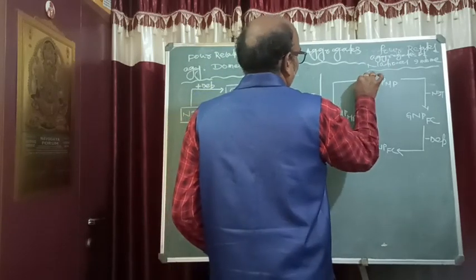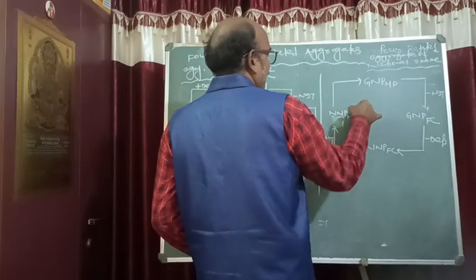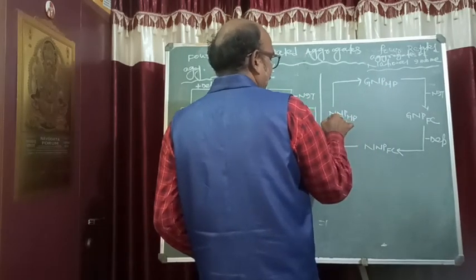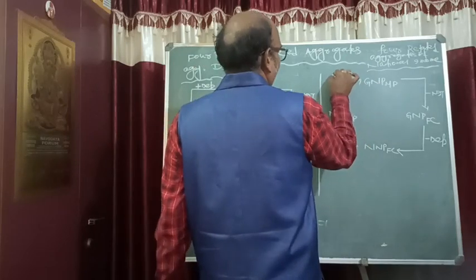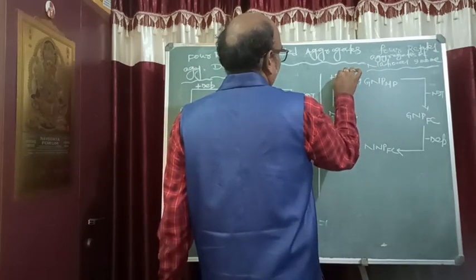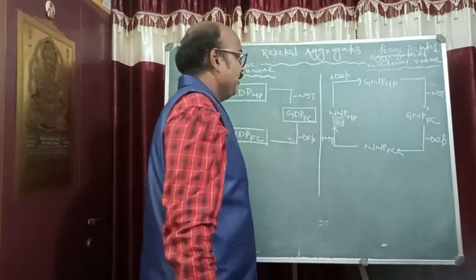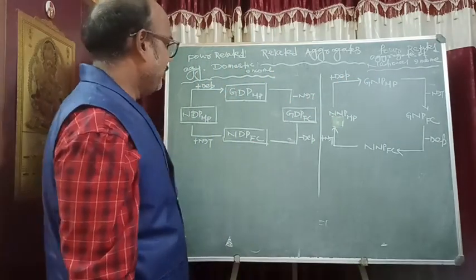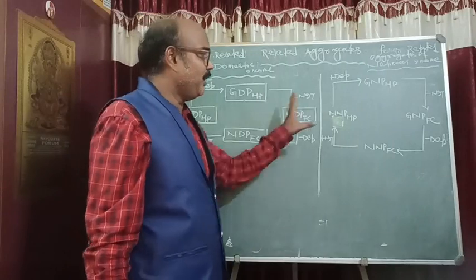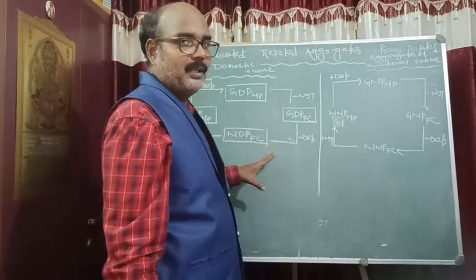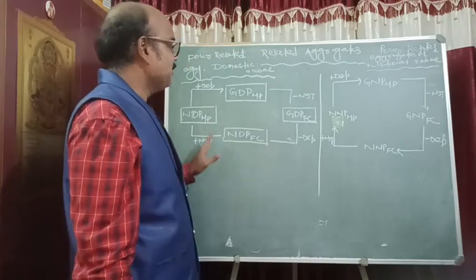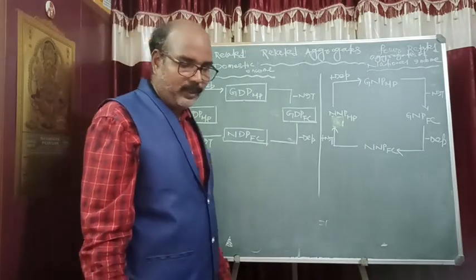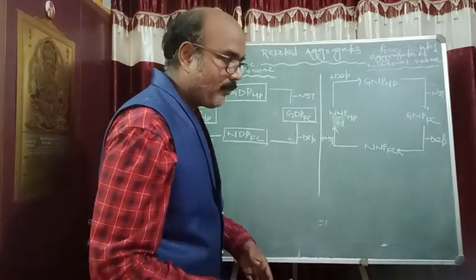Similarly, from NNP-MP to GNP-MP, all are the same, only net is here, gross is there. You want gross, so you add depreciation. Then you will get GNP-MP. So this is how all these 4 and 4, the 8 related aggregates, are related. Okay. So now the last one.